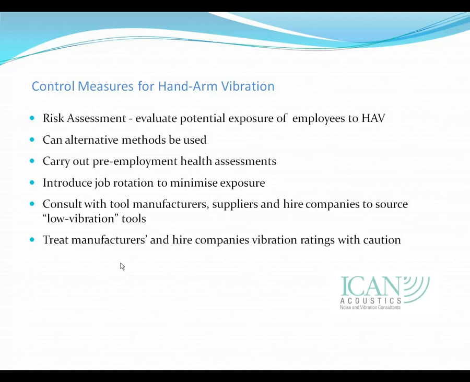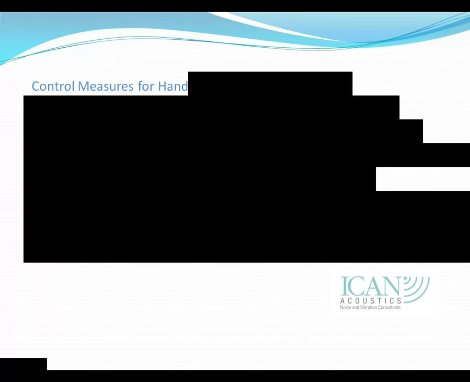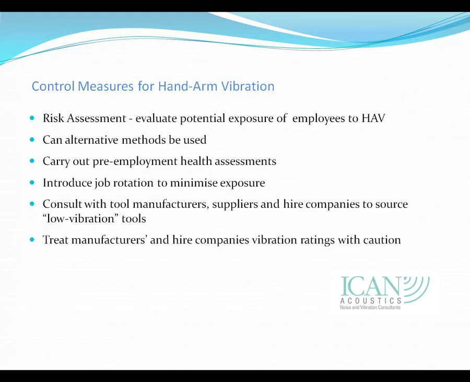So you need to really know what kind of vibration levels they produce. I would advise you to treat manufacturers' and hire companies' vibration ratings with a little bit of caution. It may be a lower vibration machine than a previous machine that they had, but it doesn't necessarily suggest that it's not going to cause damage or injury. So just keep that in mind.